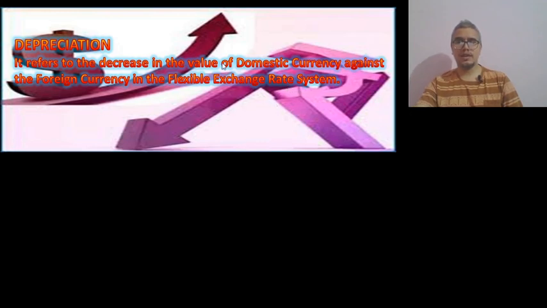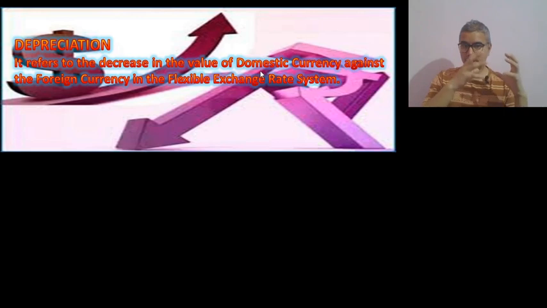So the value of domestic currency will decrease, but it is not done by the government or monetary authority. In fact, it occurs because of the changes in the market forces, that is demand and supply. So the only difference is that in case of devaluation, it is being done by the government. In case of depreciation, it is done by the market forces. That is the only difference.